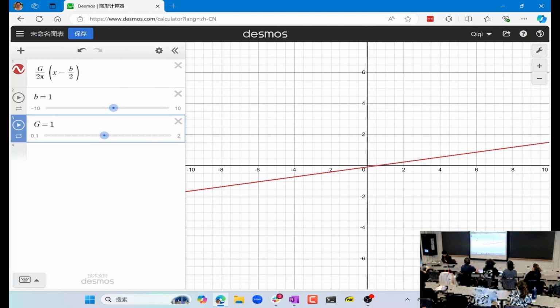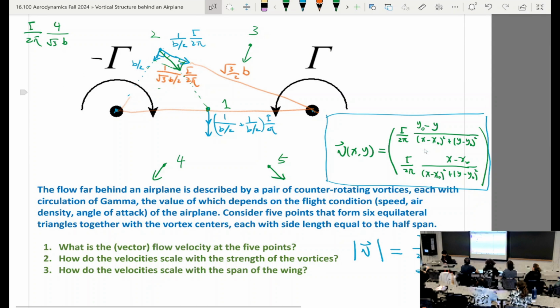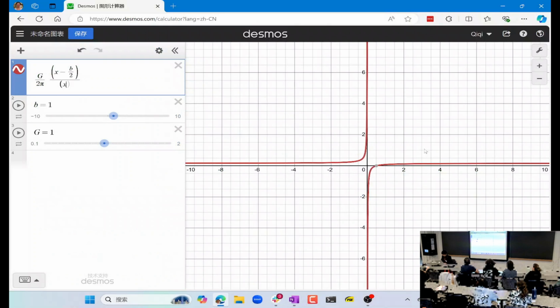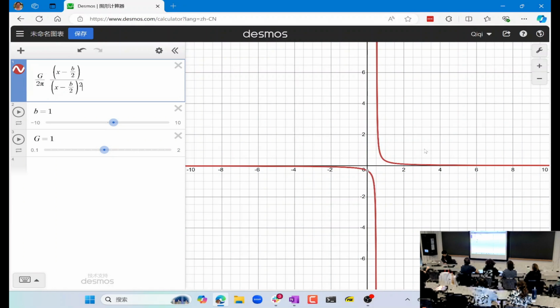All right, and then it's going to be divided by, well, x minus b over 2 squared plus, let me actually take the vertical coordinate. Let's denote it as z, because usually for airplanes, z means the vertical direction, right? And let's see.